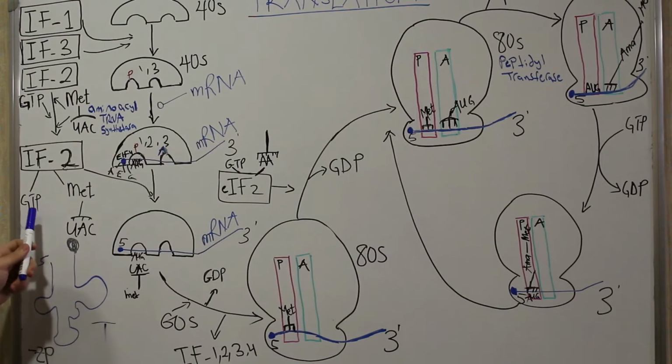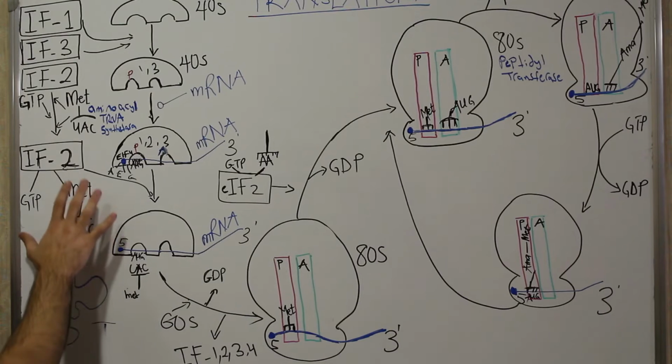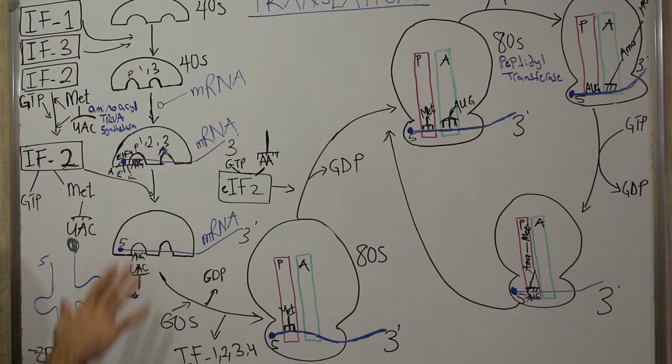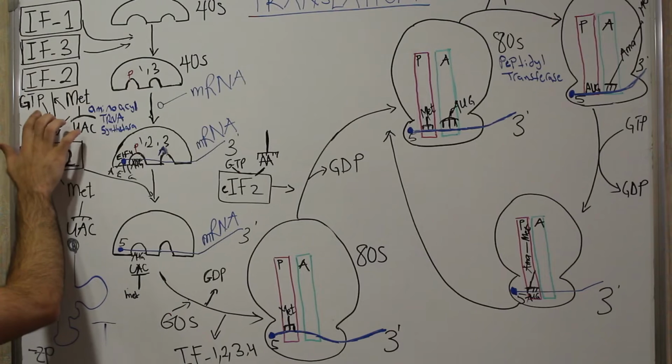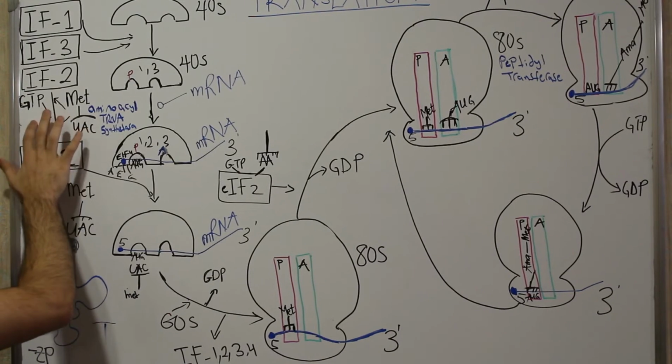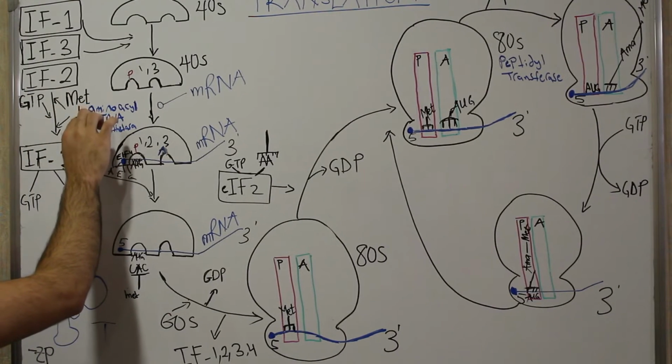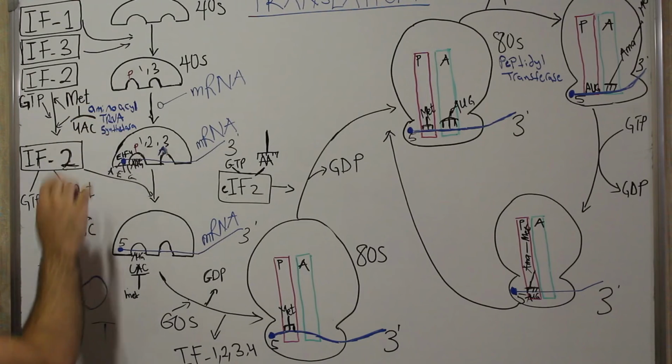There will be formation of a complex: factor 2 associated with GTP and methionine tRNA.